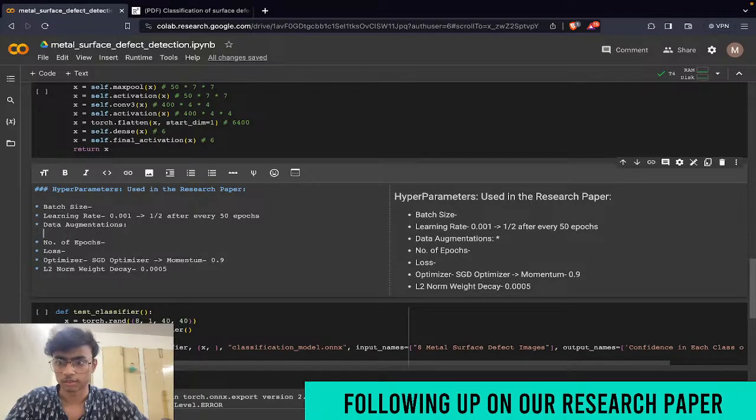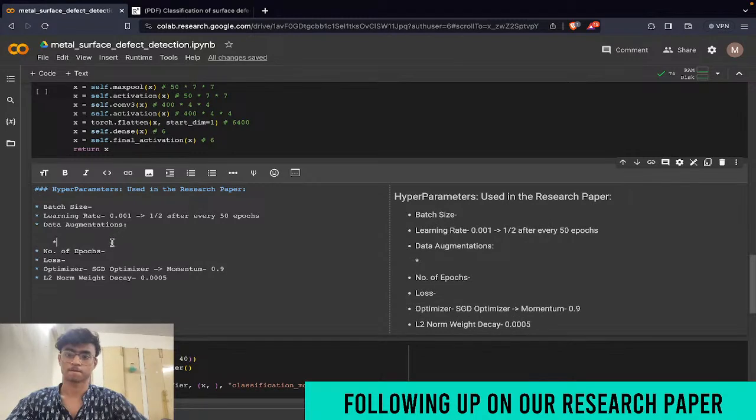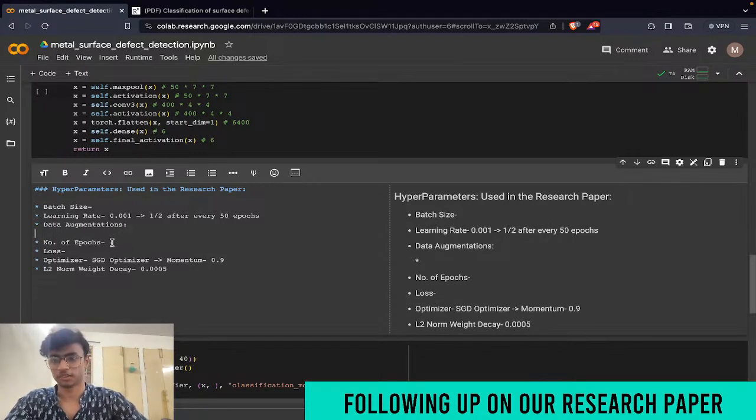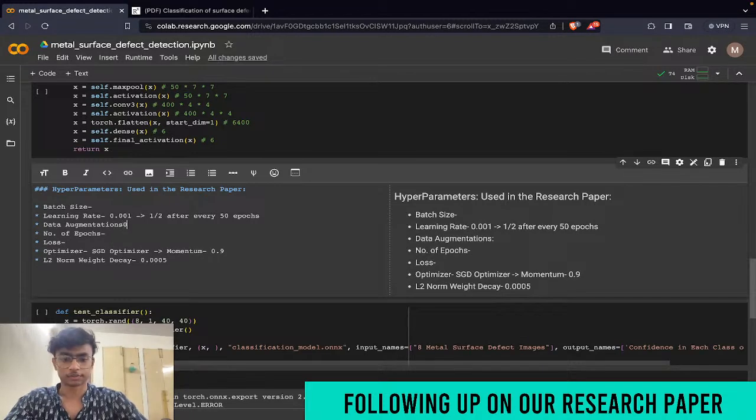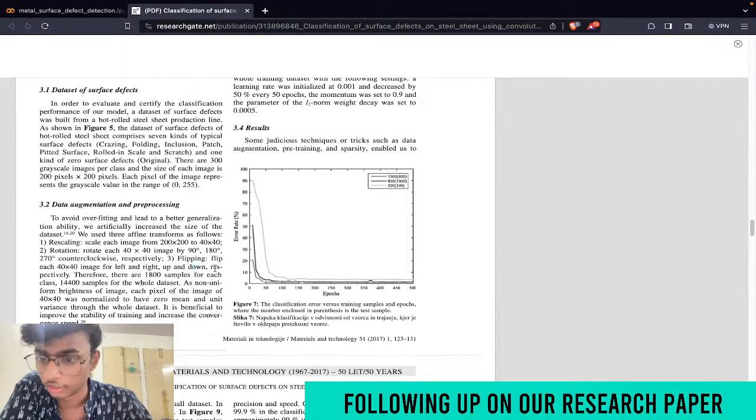Do I have to use double tap? It works. Okay, it's fine. But are we wasting our time on this? So yeah, rotation 90, 180, 270 counterclockwise. Doing 270 and 90, whatever you do, they will compensate for each other. Now we have flipped each image from left to right and up and down respectively.